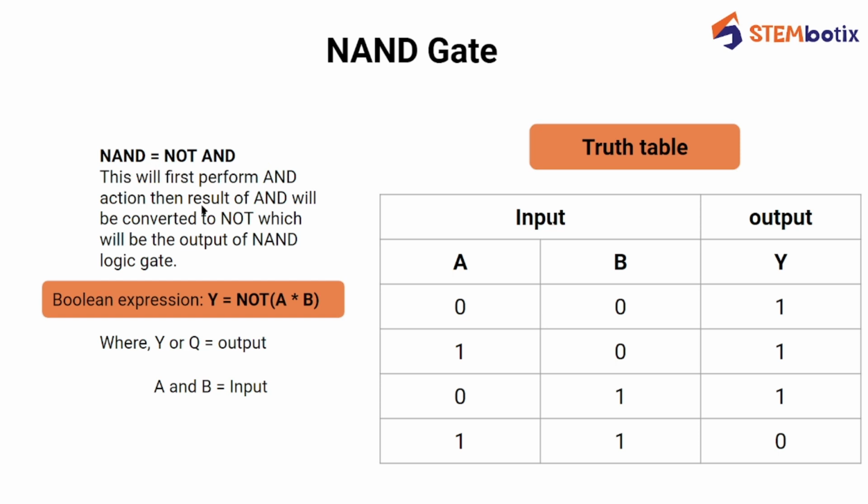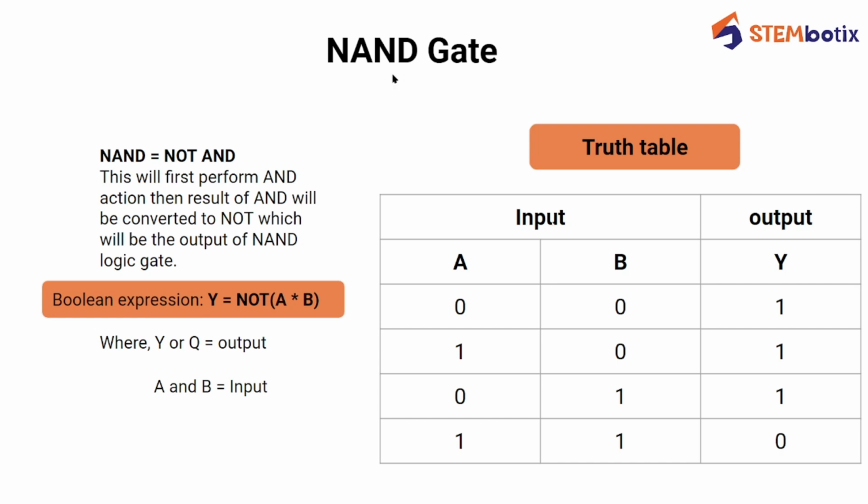This will first perform AND action, then whatever result you are getting by applying AND gate operation to the inputs will be converted to NOT, which will be the output of your NAND gate.